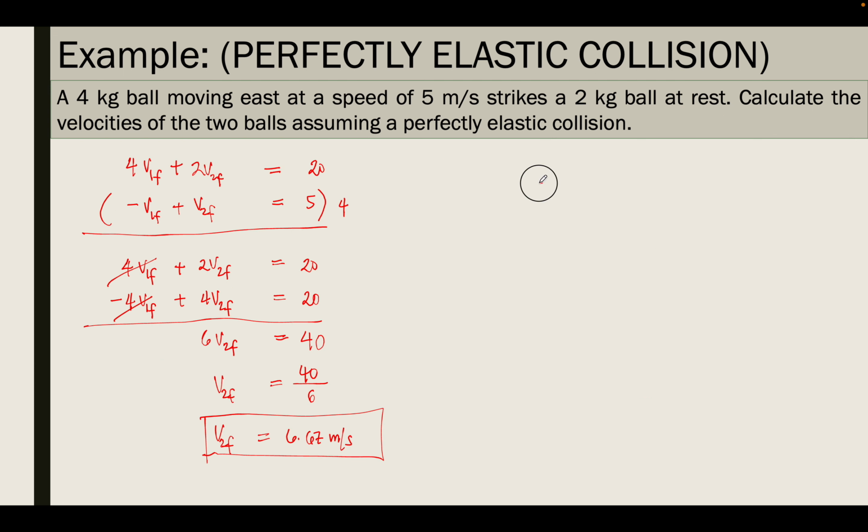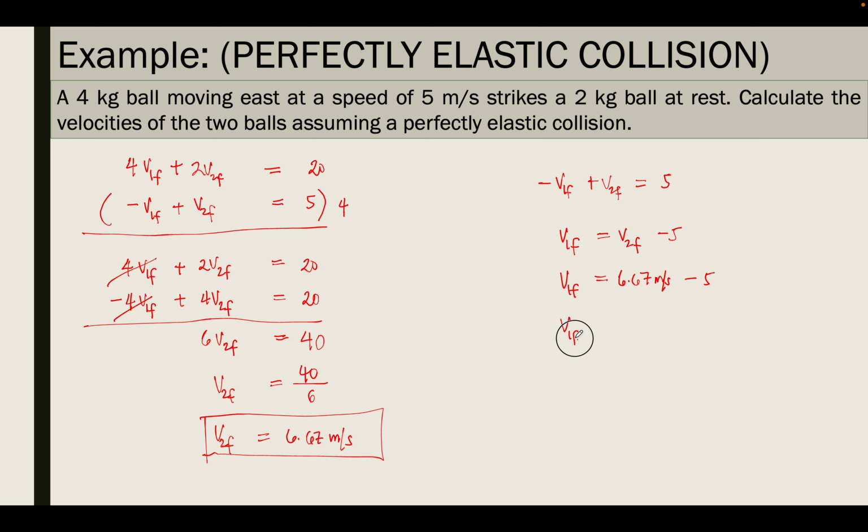So we have negative V1 final plus V2 final is equal to 5. Let's transpose V1 final and 5, let's exchange them. So we have V1 final is equal to V2 final minus 5. Take note that V2 final is 6.67 meters per second, minus 5.